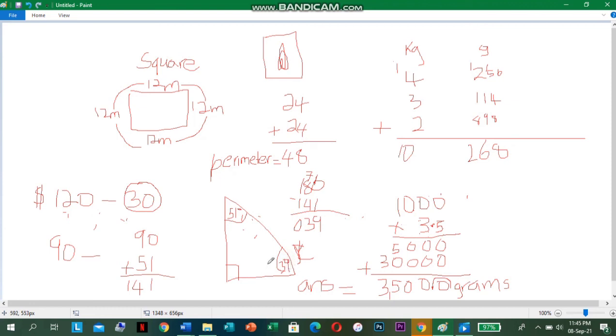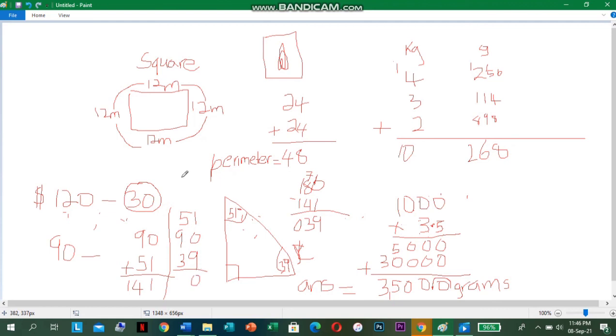So let us see if our answer is correct. When we add all of them now, we should get 180. So we add 51, 90, and 39. We must get 180 because all interior angles equal 180. 9 plus 1 gives us 10.